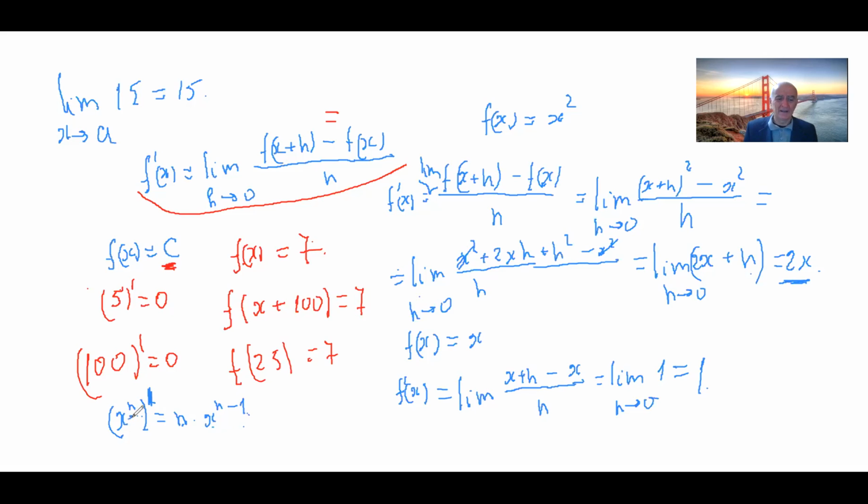What should n be for x to the power n to be constant? Let's repeat my question. x to the power n, and I know definitely that this is a constant function. What is n?